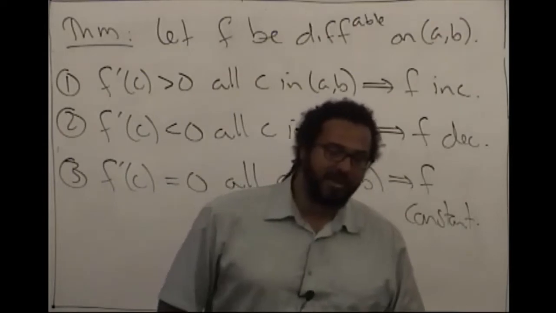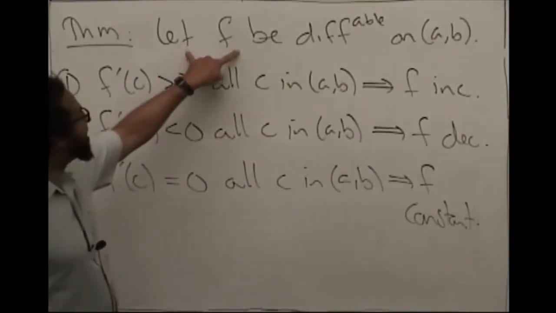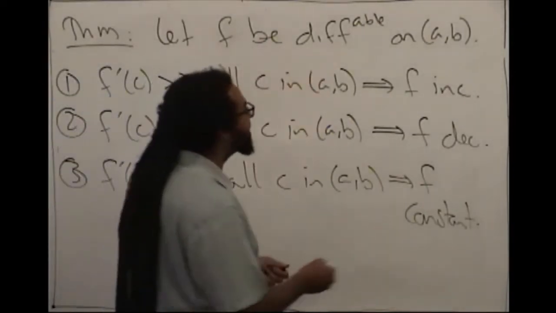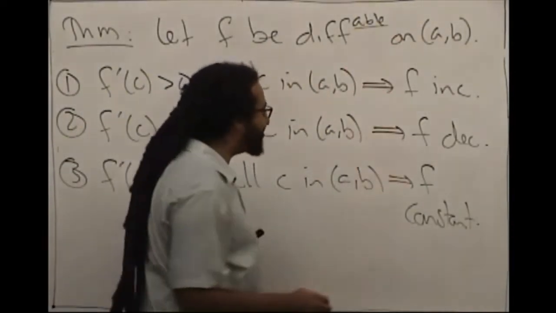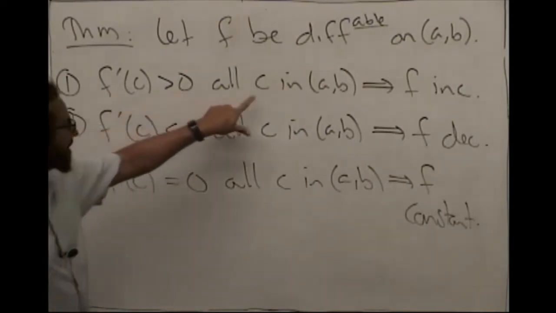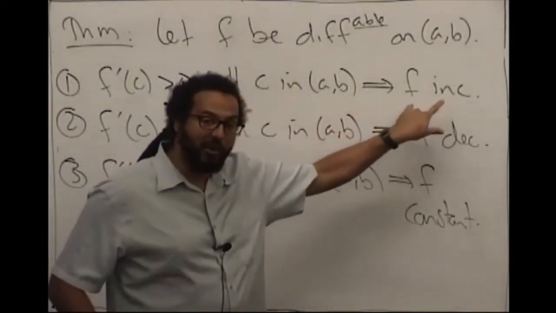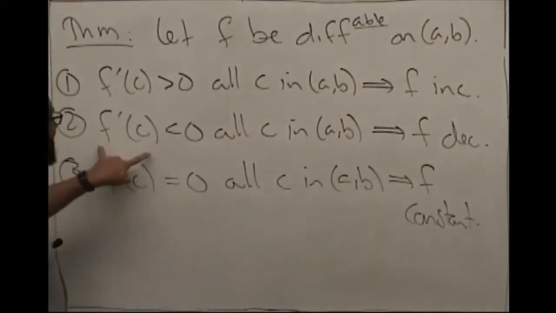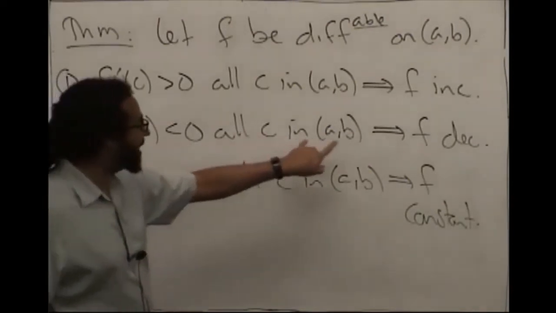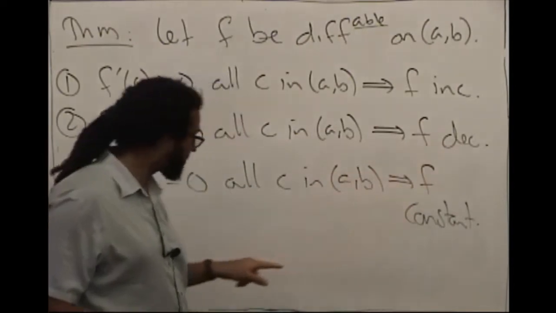Okay, so here's the theorem that we alluded to a second ago. Let f be a differentiable function on the open interval from a to b. If f prime of c is positive everywhere in the open interval, then f must be increasing. If the derivative is negative everywhere in the open interval, then the function must be decreasing.